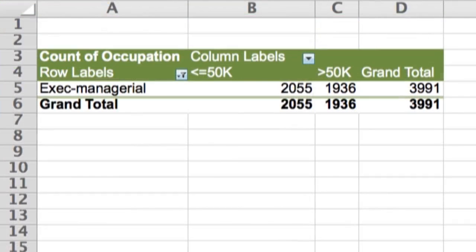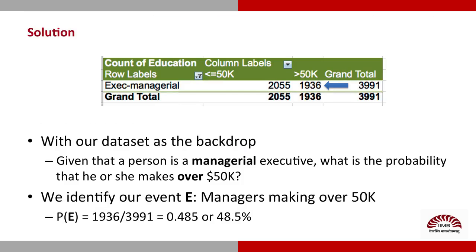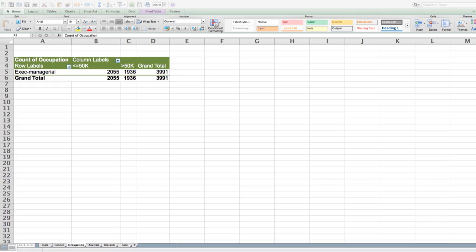The sample space is clearly all managerial executives and there are 3,991 of them. That's our denominator. The event is that of a person making over 50K. That's our numerator, and we've got 1936 of these. Let me think. The probability is 1936 by 3991, which is about 48.5%.